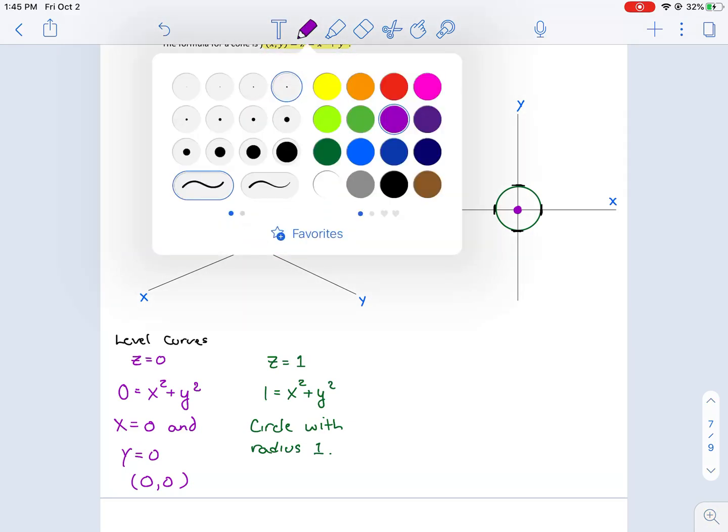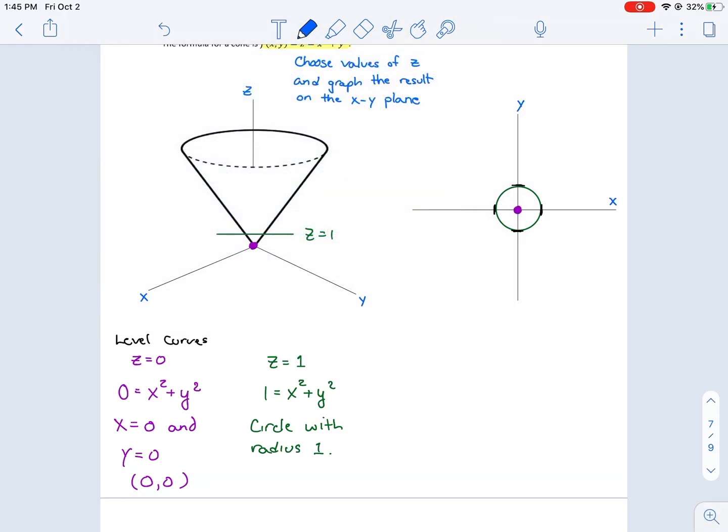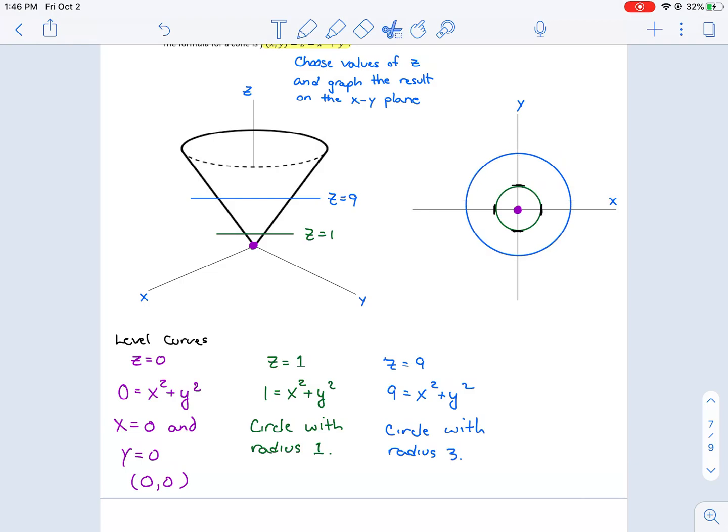Okay, so let's now assume that z is equal to 9. So now we have 9 is equal to x squared plus y squared, and that is a circle with radius 3. So if we were to cut this cone horizontally, where z is equal to 9, that would be a circle whose radius is 3.